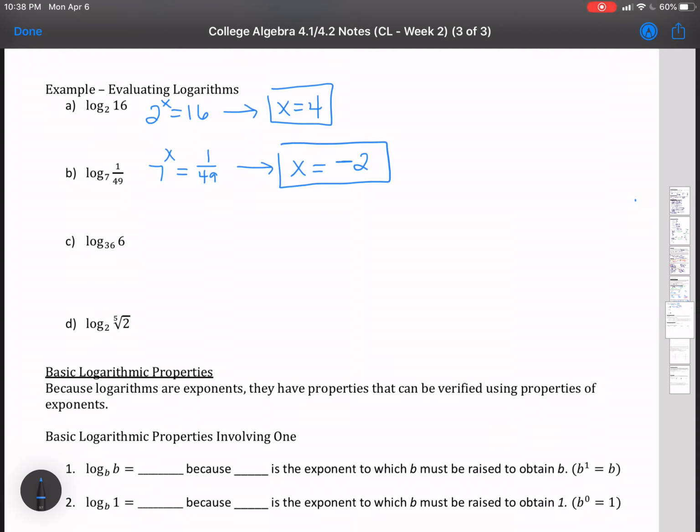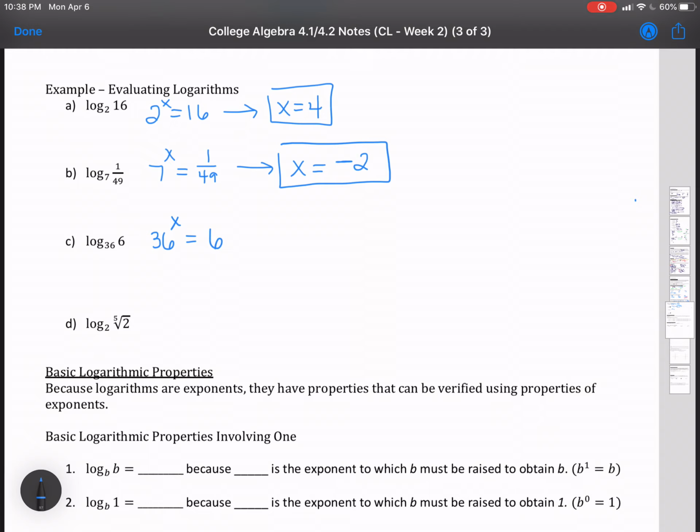Okay, looking at C, log base 36 of 6. So 36 to what power equals 6? So this is one that is tricky but easy once you figure it out. Whenever we're going from a large base to a small solution, you're going to be doing some type of root, whether that be square root, cube root.